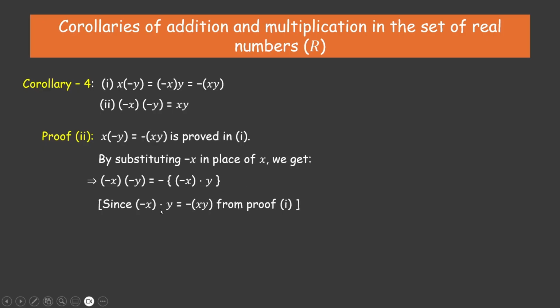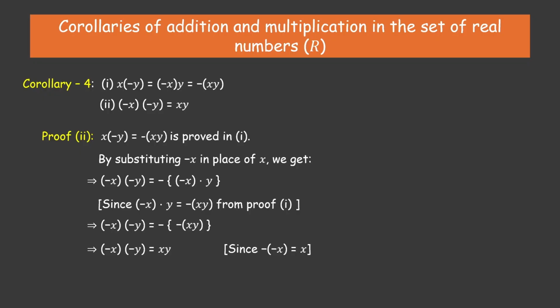Now, since negative x into y, that is this part inside the curly braces, is equal to negative of x into y from proof of 1, first part, we'll get this. Instead of this, we are just going to write negative of x into y. And negative of negative x is x. So negative of negative x into y is x into y. Hence, we get this, and that is what we wanted to prove.